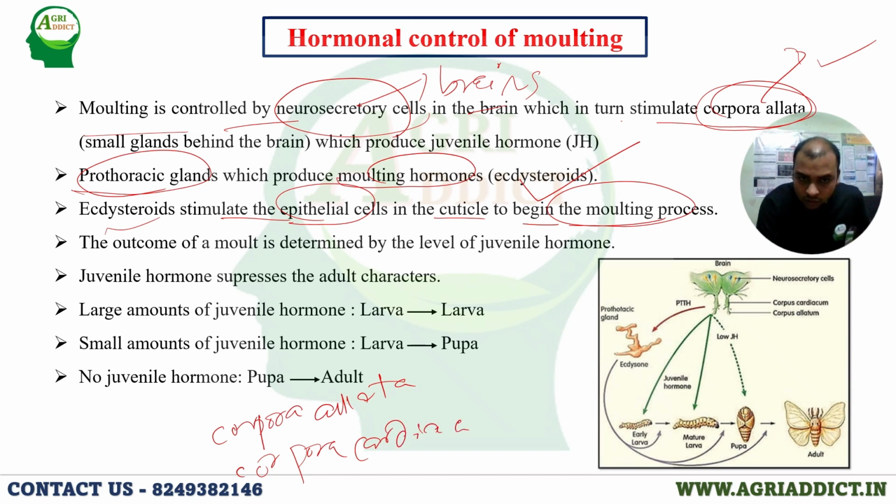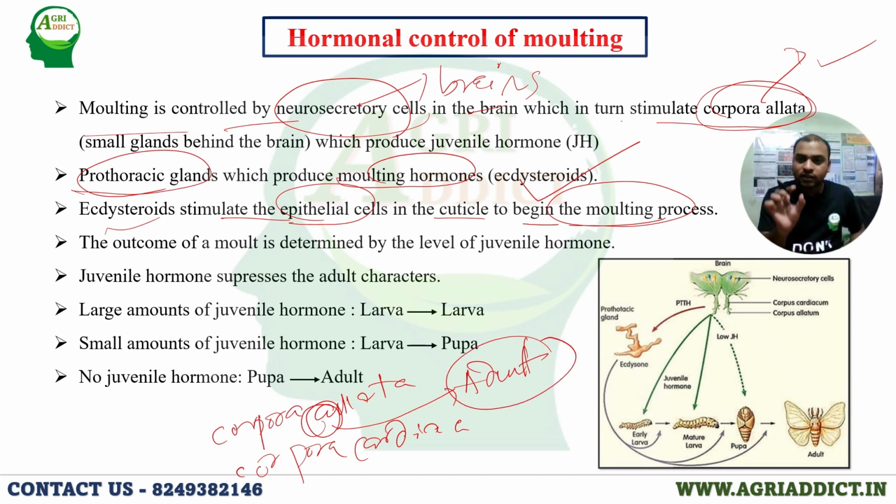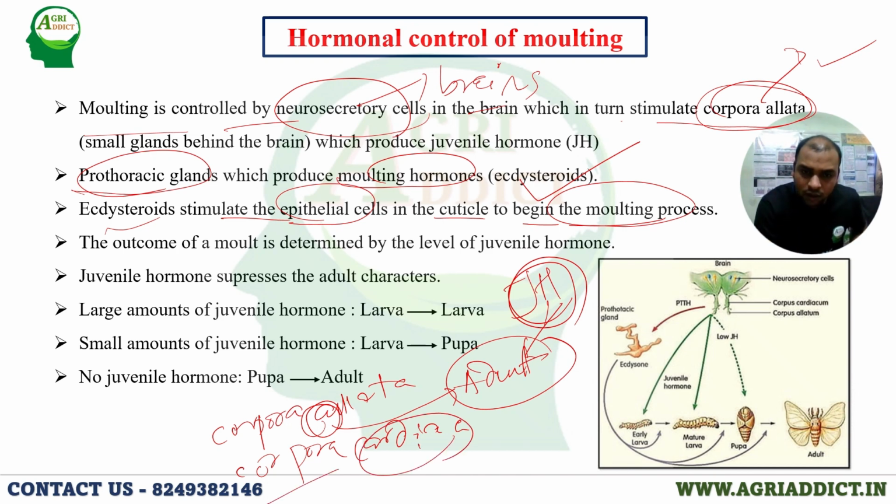Okay, allata means A is there, that means adult. Remember one thing, allata is always related to adult, and adult is always related to juvenile hormone. So this corpora allata will secrete the juvenile hormone. But what is the corpora cardiaca? Cardiac means heart.